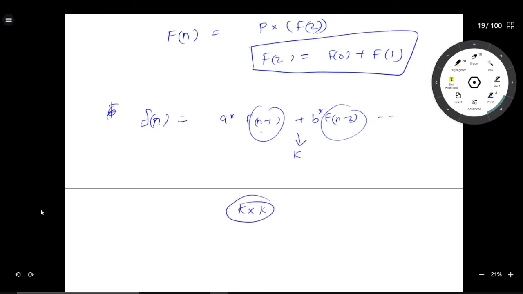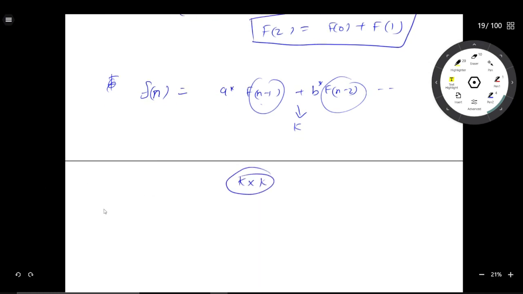Okay, so in this way we can find the f of n in order of log b base 2. And what is b? B is equal to log of n minus 2.